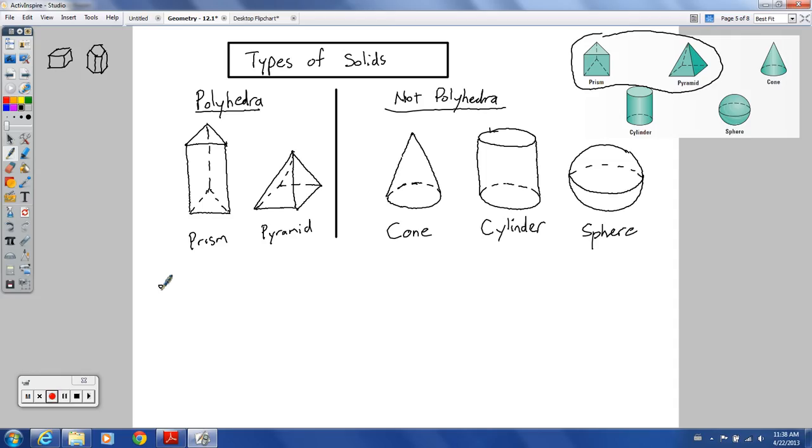And a few definitions here. It's going to include a regular polyhedron. Just like we have a regular polygon, we have a regular polyhedron. This is where all faces are regular polygons.